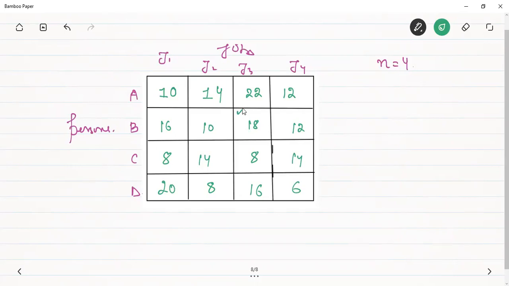So first we discuss the logic. Suppose I am talking about the first row.